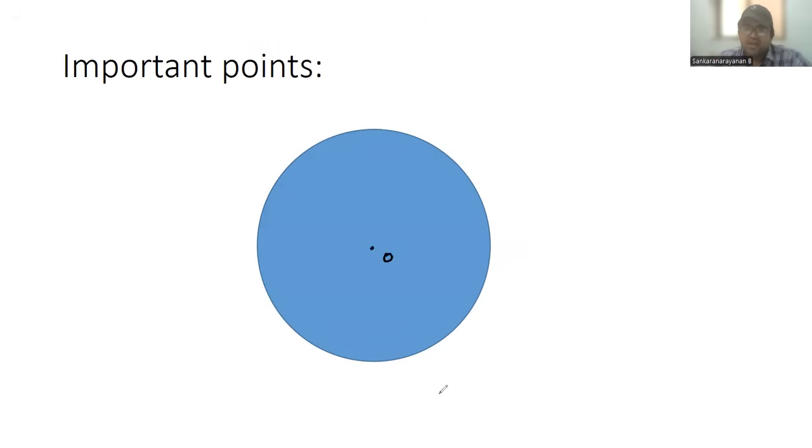Now, I am going to consider a secant starting from the point P. I'm considering it cuts the circle at these 2 points, the point A and the point B. So make a note of this: point A, point B. These 2 points lie along the circumference of the circle.